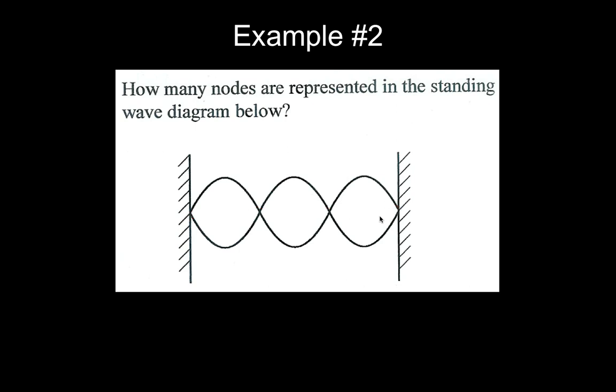Now, the question doesn't ask this, but let's talk about it. What if the question asked you how many antinodes there are? Well, like I said, this looks like there are 2 separate waves or 2 separate strings that are acting here. We know that that's not true. We know that a wave itself vibrates. A wave has reflection and interference, or a standing wave for that matter.